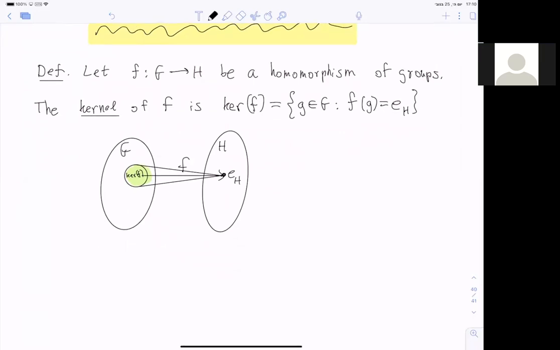And the image of f, you know what the image of f is. I mean, the image of f is all elements in H that f... So this is the image.